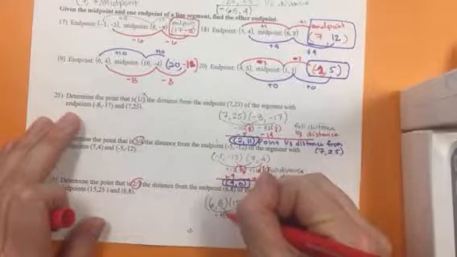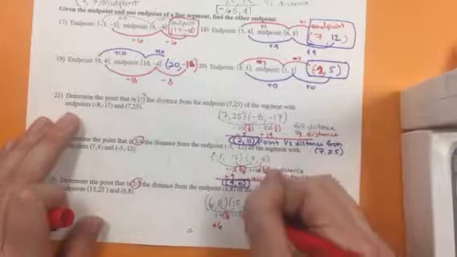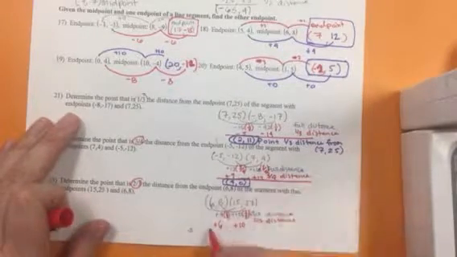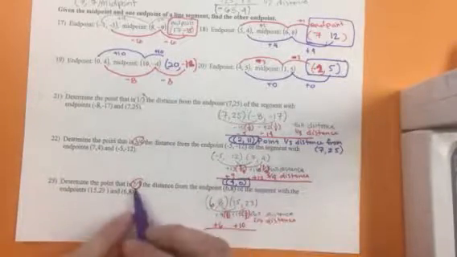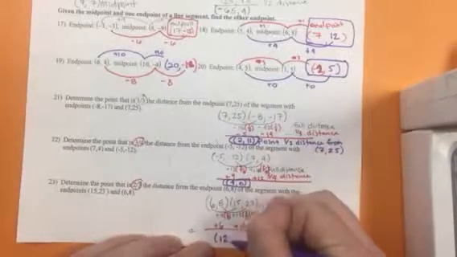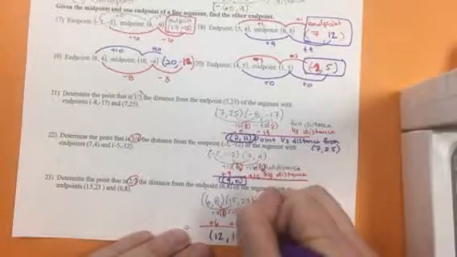So when I multiply 9 by 2/3, I get a +6. 15 times 2/3, we get a +10. So our new point on this line that's 2/3 the distance away is 6 plus 6, which is 12. And then 8 plus 10 is 18.